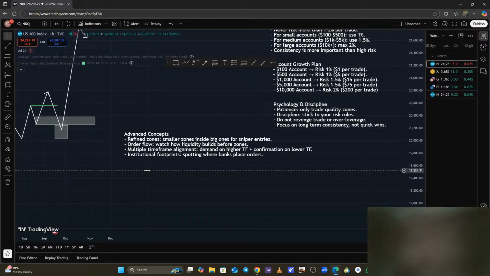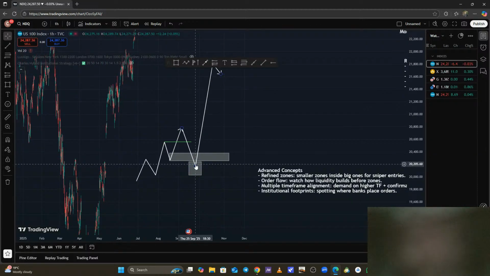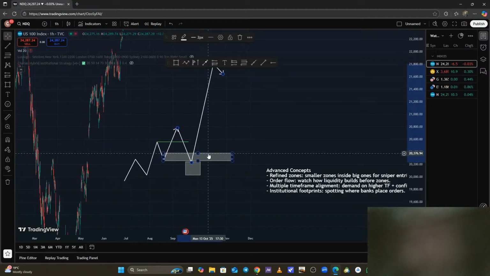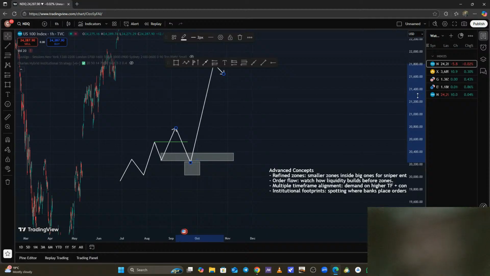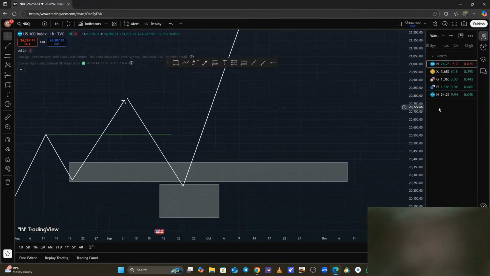So for you to get sniper entries, okay, this here was a simple model. Wait for price to come back and you trade from this specific zone. But there's something you need to also confirm. Let's say you get a clear picture now, a big picture of inside this zone. So I'll just extend it so that I can get this zone clearly.